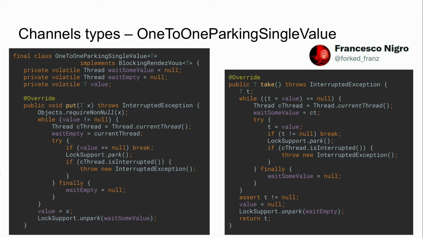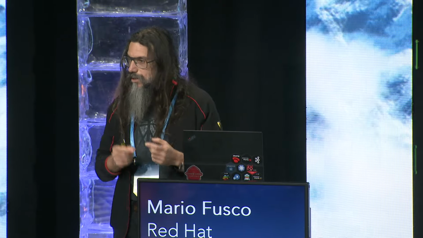Not only do I need in this instance to read and write one single value, but in one given channel, the writing thread is always the same, and the reading thread is always the same. And by leveraging this further small piece of domain knowledge, he could create an even better implementation by fine-tuning, synchronizing only the two threads that are involved in that conversation on that specific channel.